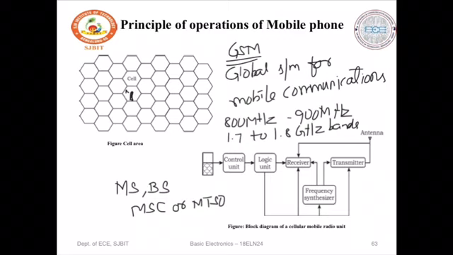This block diagram represents the cellular mobile radio unit. The cellular telephone, sometimes called a mobile telephone, is a device by which a user may have a wireless connection to a relatively nearby transmitter.